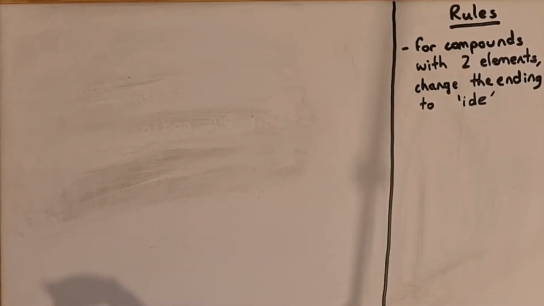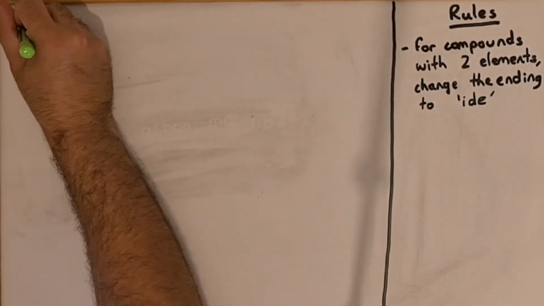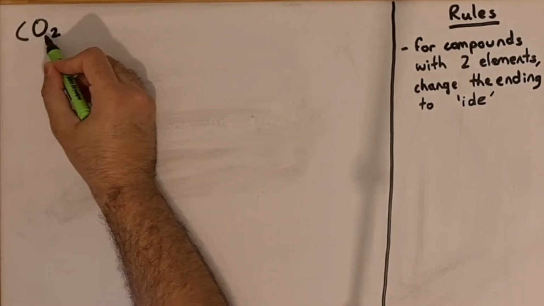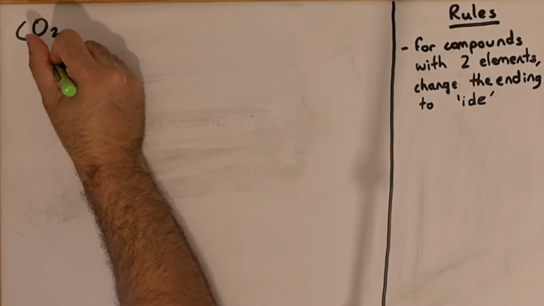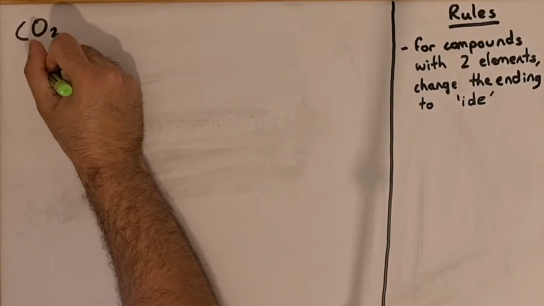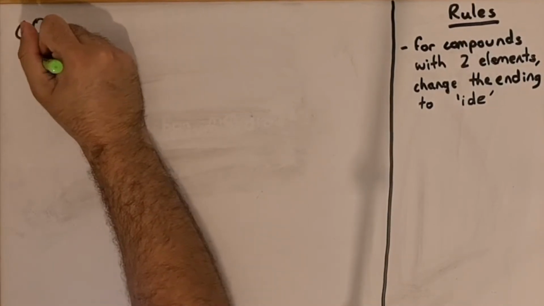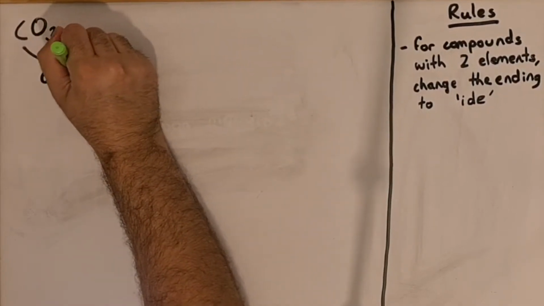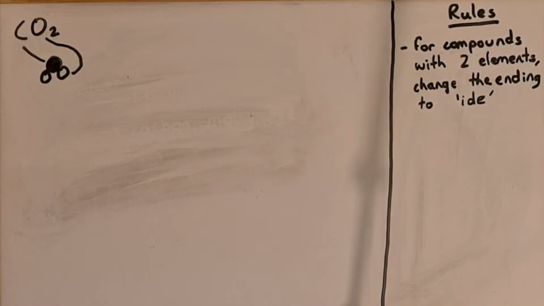When this changes is if the compound has more than one atom of the second element. A common example is CO2, which has two oxygen atoms for every carbon atom. If I was to draw it, I could draw it like this, with the black atom representing carbon and the white atoms representing oxygen.